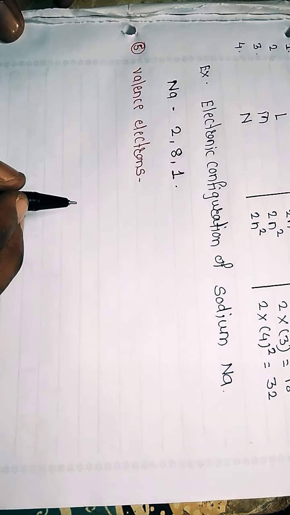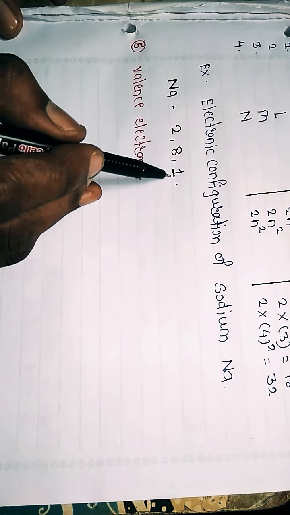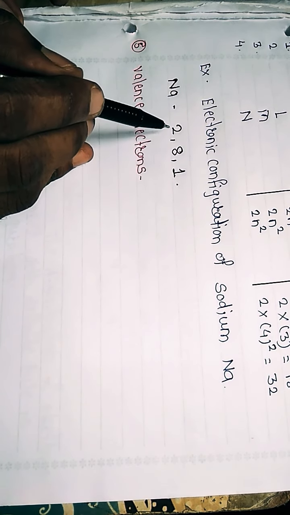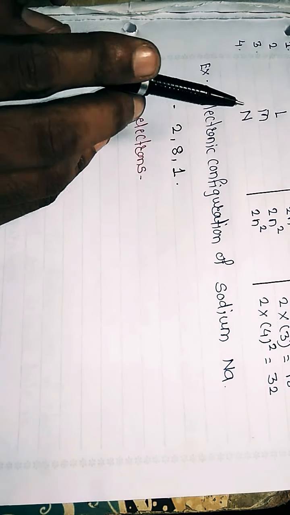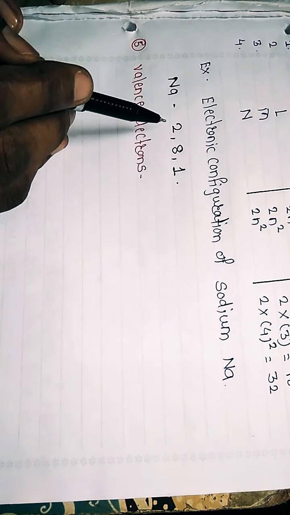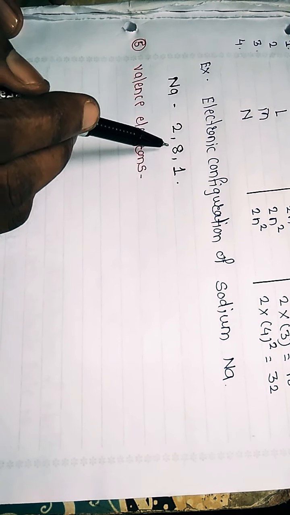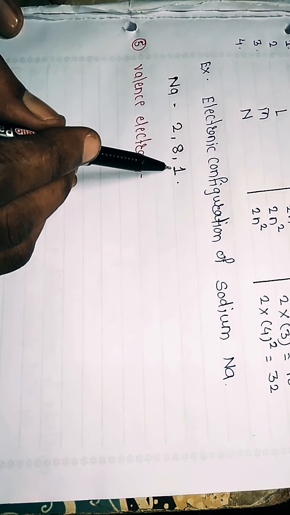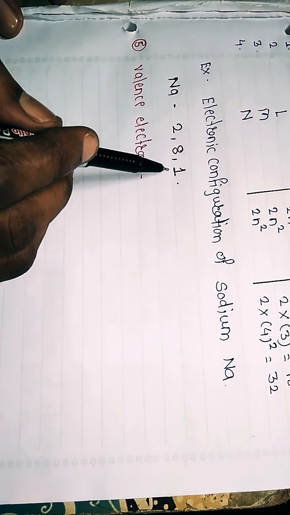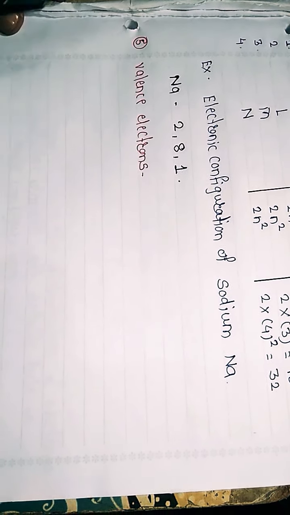Valence electrons are nothing but the number of electrons present in the outermost shell. In the earlier example, sodium, 2 electrons are present in the K shell, 8 electrons in the L shell, and 1 electron in the M shell. So the outermost shell has 1. That is, 1 is the valence electrons of the sodium atom.